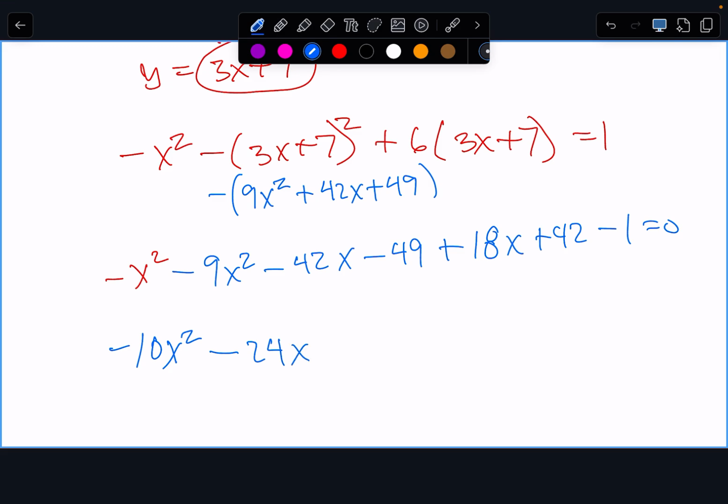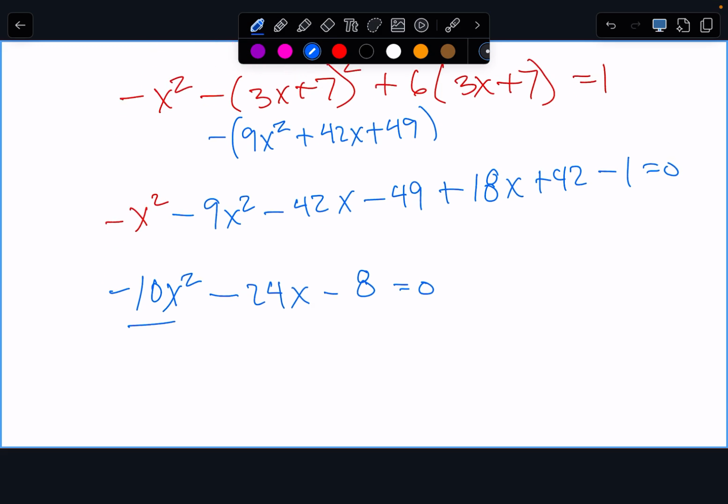And negative 49 and 42, that makes negative 7. Negative 7 minus 1, negative 8. And because it equals 0, I can do this.